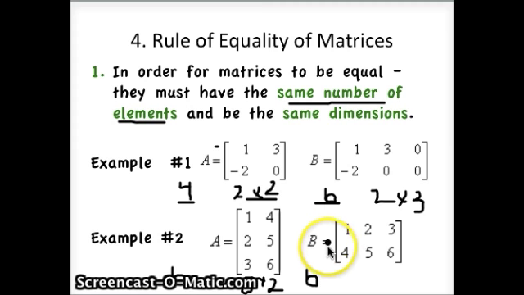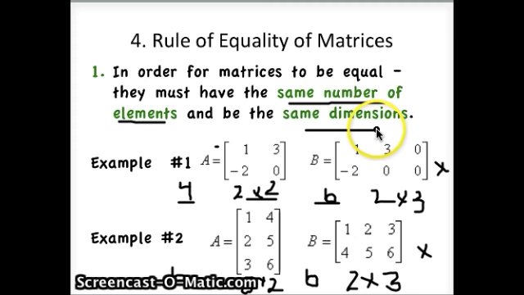But it's 2 rows by 3 columns. Remember, 3 by 2 and 2 by 3 are not the same. So A cannot equal B in this case. So neither of these are equal because of the conditions set above: same number of elements or entries and same dimensions. So neither of these examples can be equal.